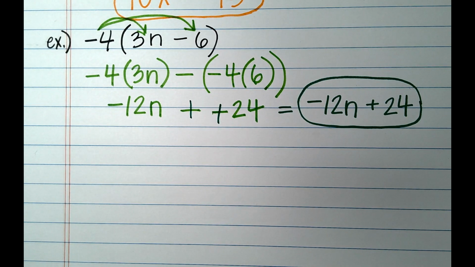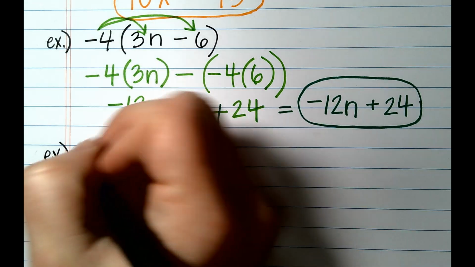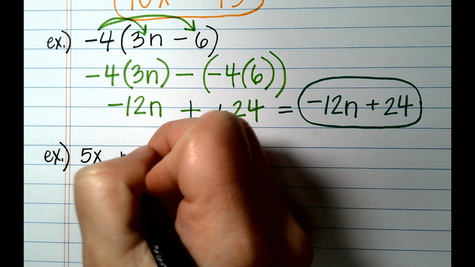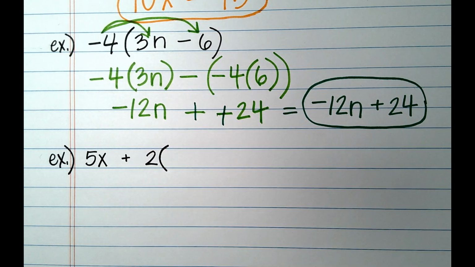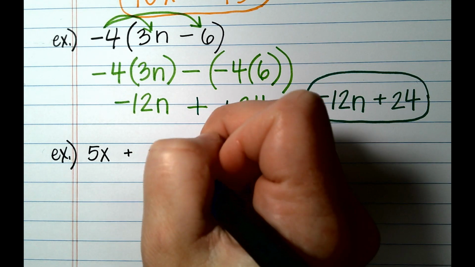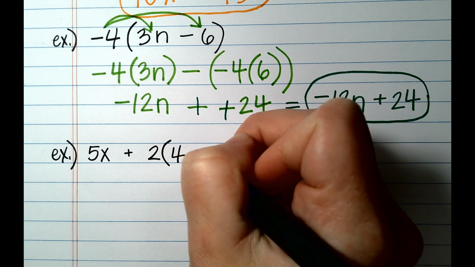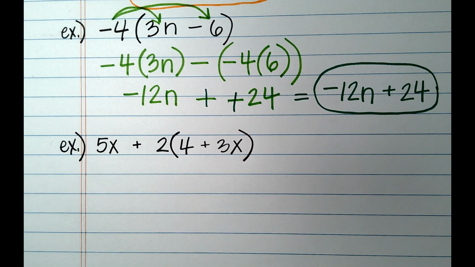Now I'm going to show you something slightly different, but basically the same. What if I have something like 5x plus 2 parentheses 4 plus 3x?